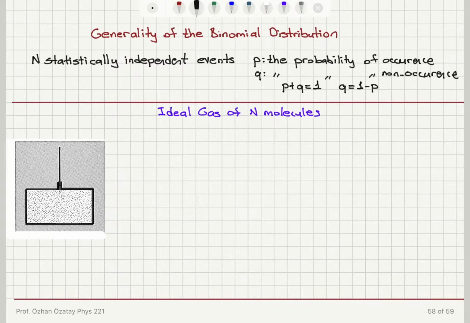The answer to the question, what is the probability that any n out of these capital N events occur, is given by the binomial distribution.